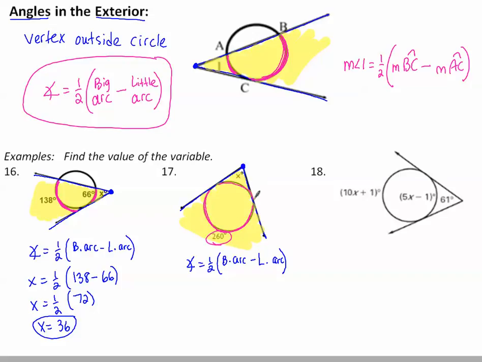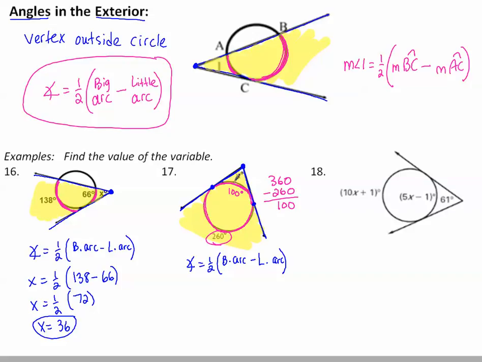Here's the little arc. That doesn't say anything. But I see that these are tangents. This side of the angle is tangent to the circle, and this side of the angle is tangent to the circle. That means it's only touching at these 2 points, which means we can find this missing arc right here because it's the rest of the way around the circle. 360 minus 260 is 100. So this missing arc, 100 degrees.